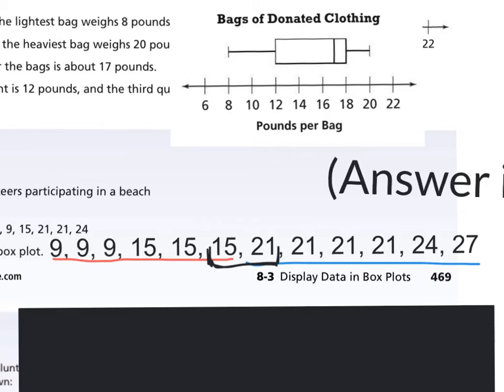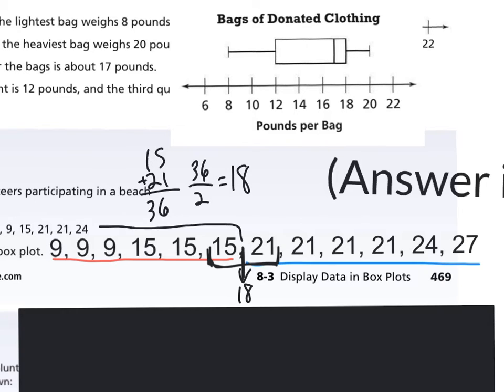So we can average those out. If you add those together is 36, and then divide that by 2 would be 18. So 18 is going to be our median. So if 18 is our median, then that means all these numbers over here that are less than 18 are the numbers we're looking for when we figure out our first quartile.